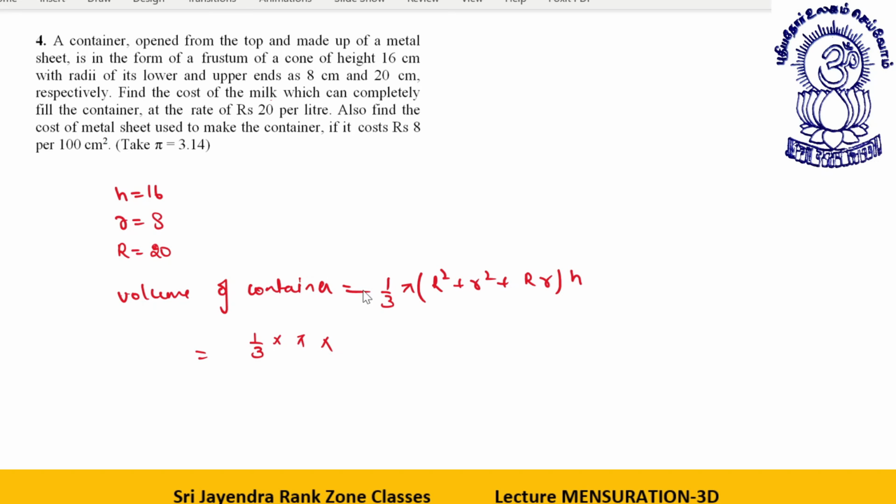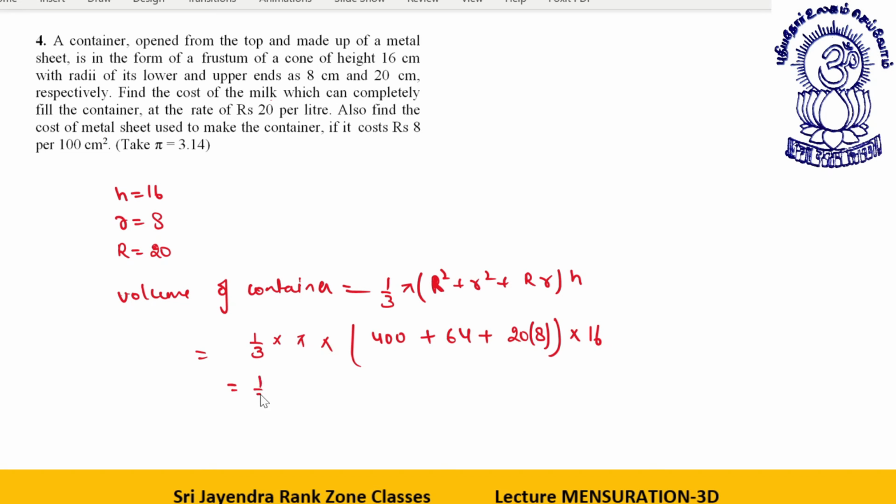We will see later on what we will need to do. R square, okay. R is 20 square. This is 400 plus 64 plus 160, R into r. Into the height 16, okay.